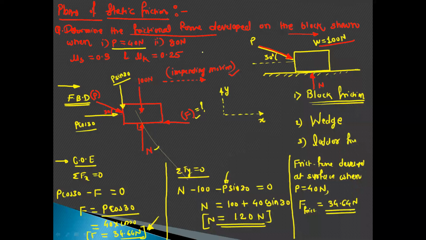Actually, this question is not given, but suppose you want to find out whether the object will remain in the static condition or it will start its motion, that means whether the object is in static condition or in dynamic condition. We have to refer to this value. From this value, you can find out the maximum frictional force that this surface can offer. So that maximum frictional force we can find out.